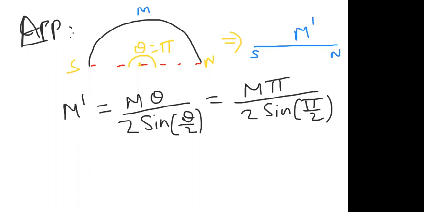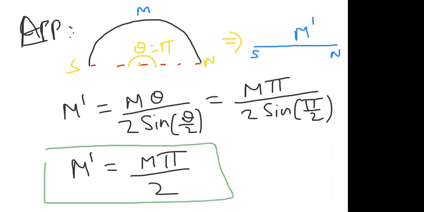The value of sine 90 is 1. So M dash is equal to M pi by 2. This is my final formula for the curved magnet.